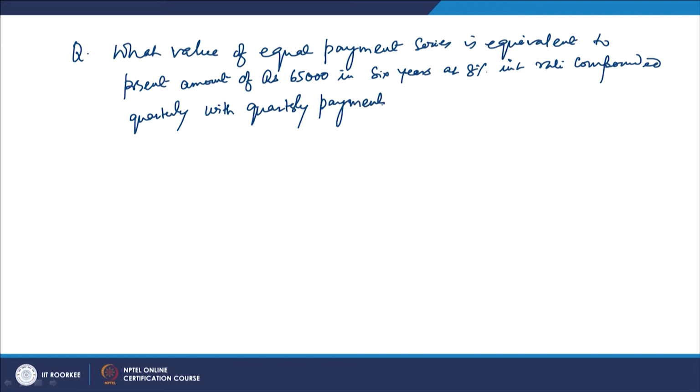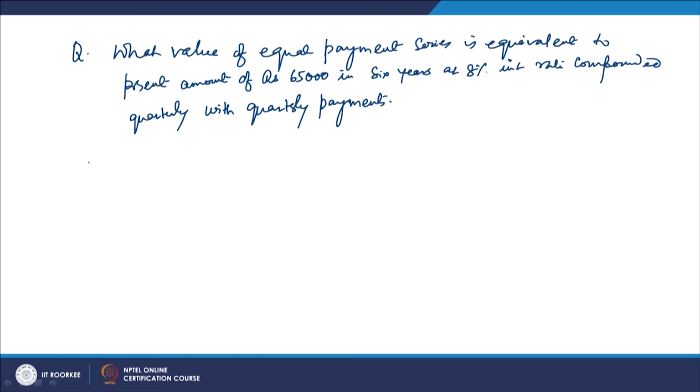Now, in this question what we see is that your interest rate is 8% compounded quarterly. It means it is 2% interest rate every quarter, and also the payment is quarterly. So, you have 6 years. So, altogether you are going to have 24 payments, and for that you have to find the value of A required, that is the equal payment series.